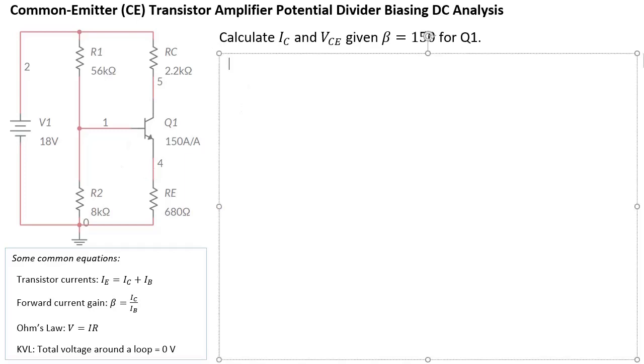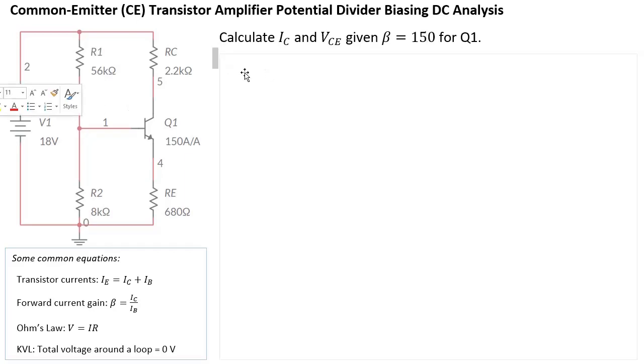First of all, obviously we need to label all our currents and voltages so that we understand what is positive, in which way it is positive, and so on. This is the collector current, so collector current is positive that way. Base current is positive that way, and emitter current is going to be positive that way.